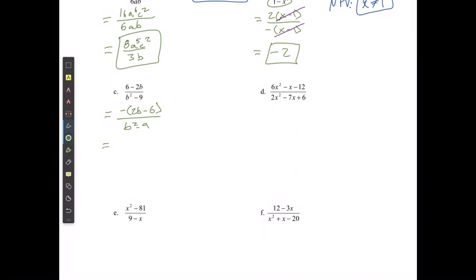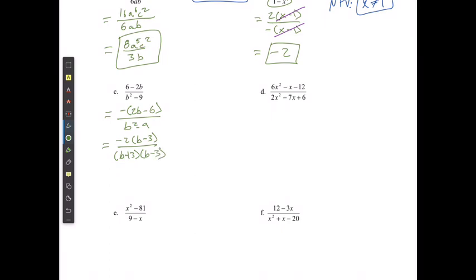The second step is I'm going to divide out the common factor, negative 2 and b minus 3 on the top. And on the bottom, I'm going to factor that difference of squares into b plus 3, b minus 3.